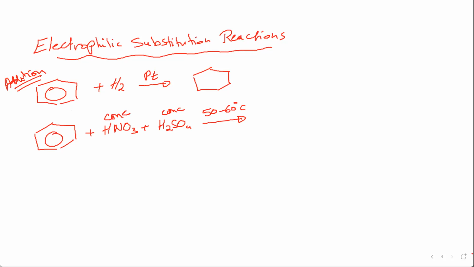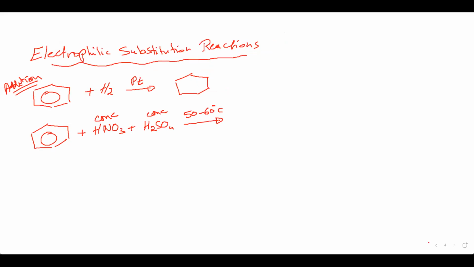In that case, we get nitrobenzene as our product, and a hydrogen ion comes out, as we are going to study in the mechanism. But here we produce nitrobenzene.